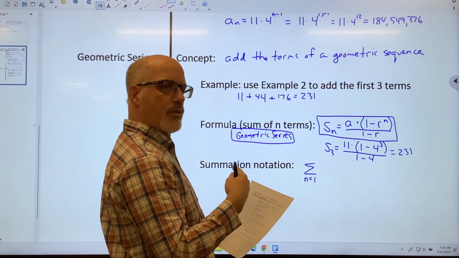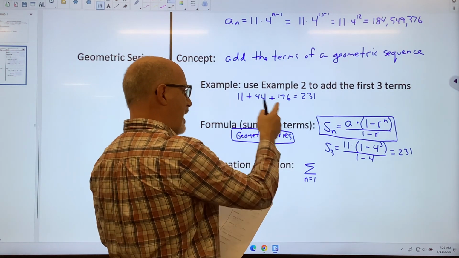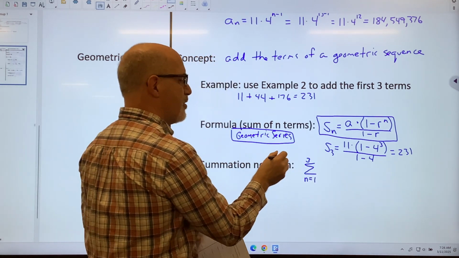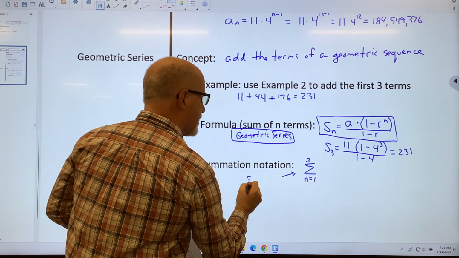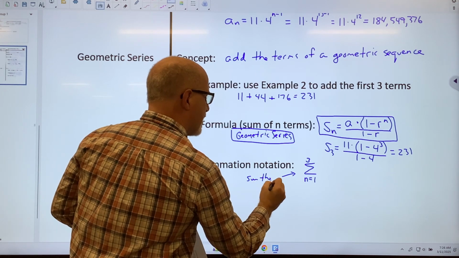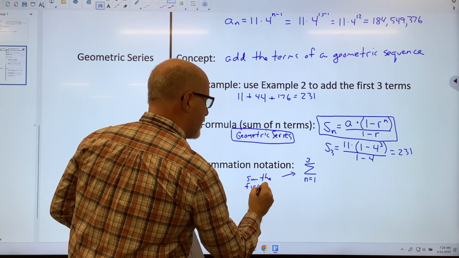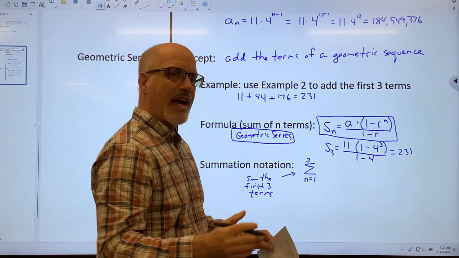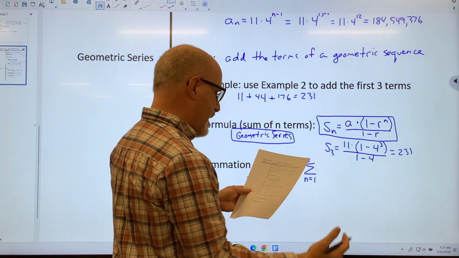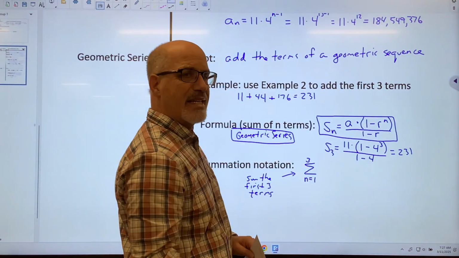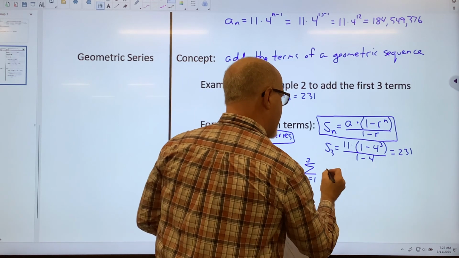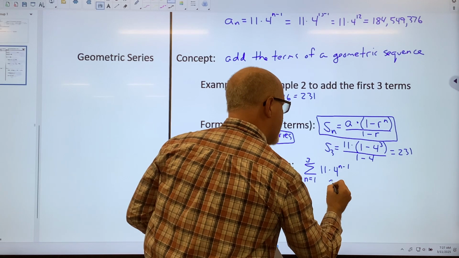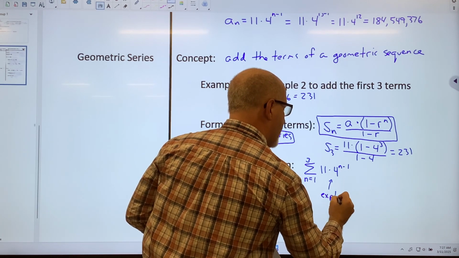If you start at n equals 1, that's the first term I'd start at, and we're going to go up to the 3rd term. This says sum the first 3 terms. If I said 1 to 5, it would sum the first 5 terms. Now what you put here as a formula in this is the explicit formula. So my explicit formula here is 11 times 4 to the n minus 1 power.